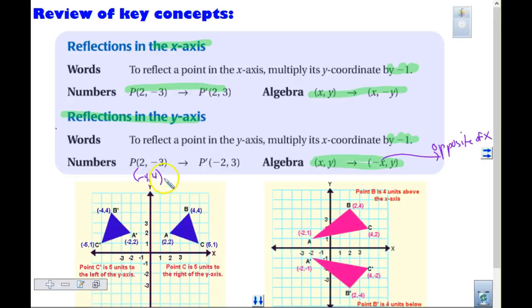If I look at negative 4, 4, and I want to reflect that over the y-axis, the new one is going to be 4 and 4, right? So y stays the same when you reflect over the y-axis, the x changes. When you reflect over the x-axis, that's like going down, right? The y changes to the opposite and x stays the same, okay?